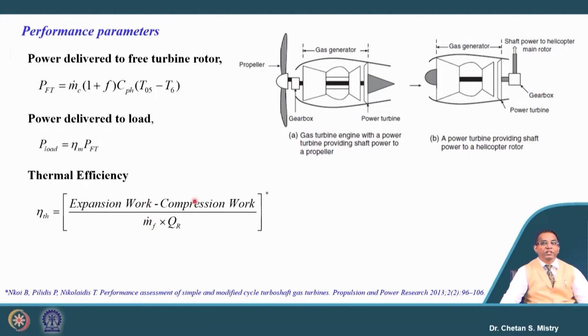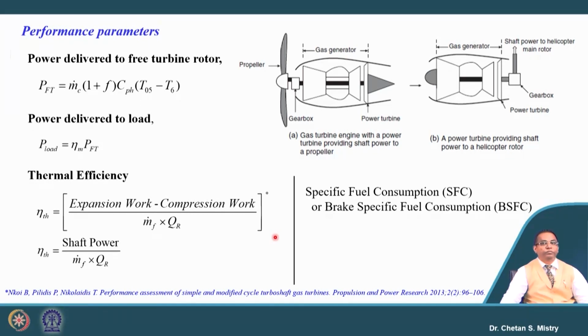Suppose my power shaft and my compressor shaft are the same, we can write this equation. When we have the free turbine configuration, we need to write it as shaft power divided by mf into qr. Basically we are interested in the thermal efficiency of this engine.